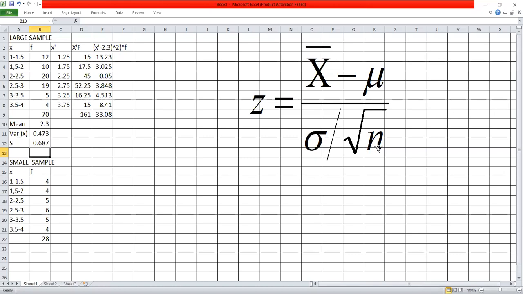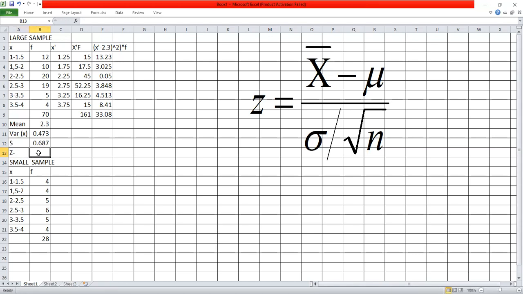So you should substitute that z is equal to 2.3 minus 2.7 divided by 0.687 divided by the square root of n. But I'll do it here for you to give you the result. The result here, that is z, is equal to this.